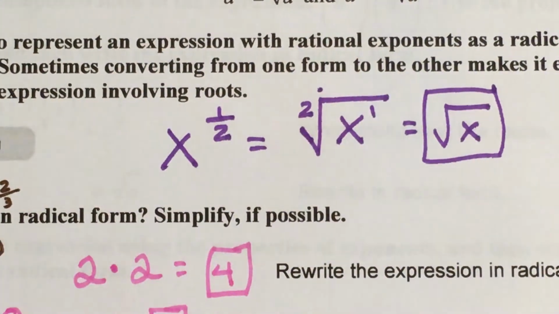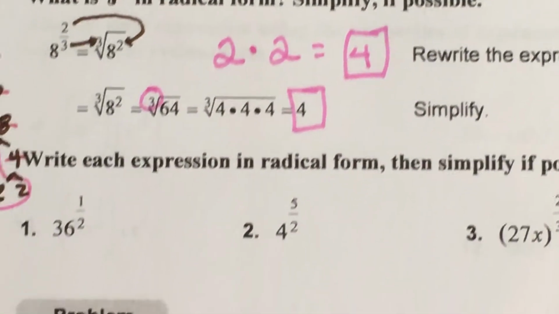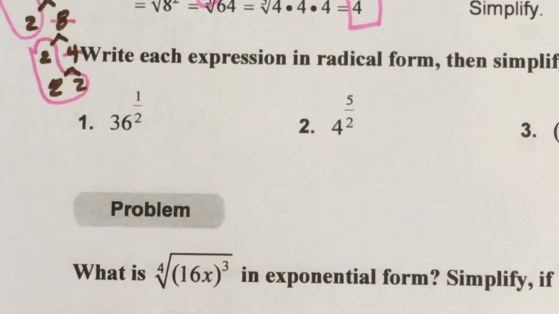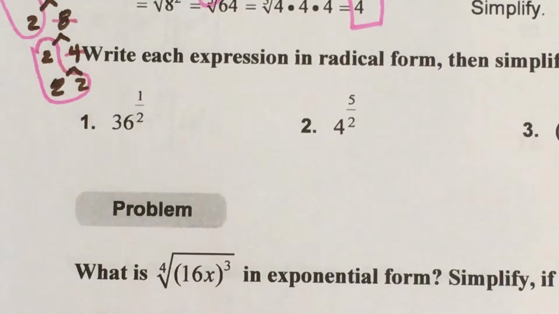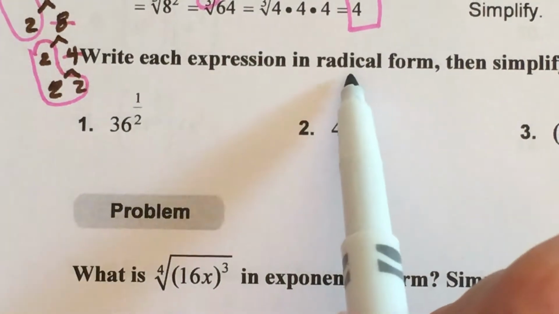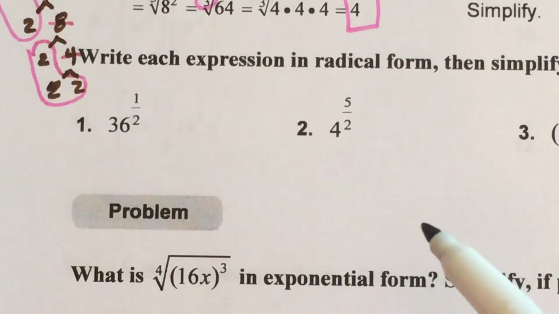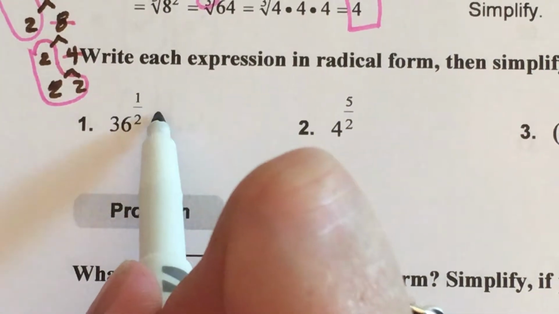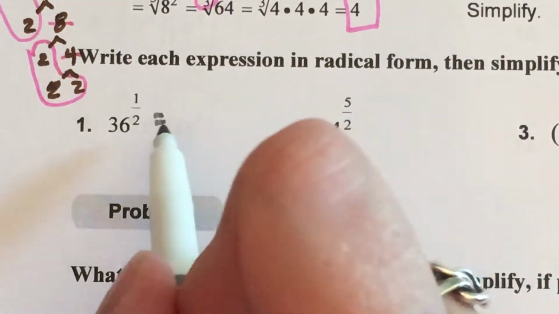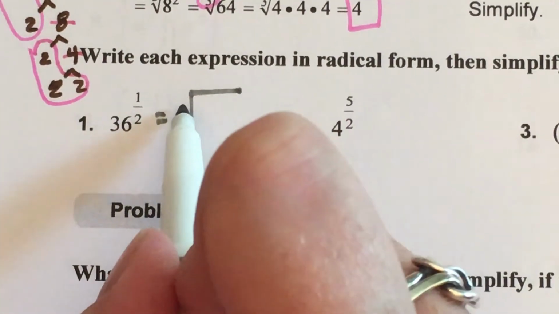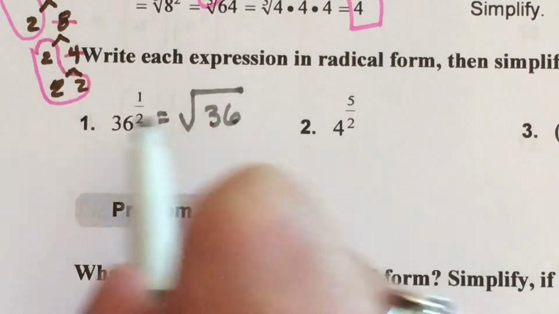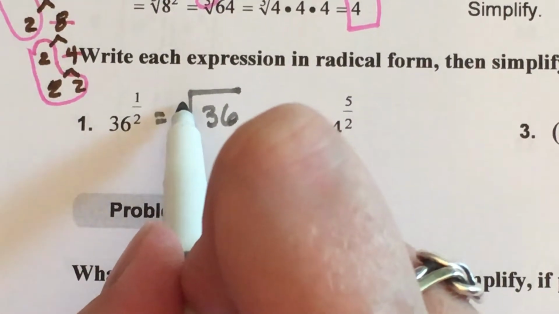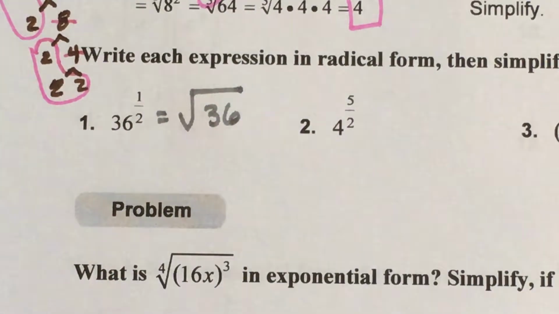Let's go down and look at problem number 1. So let's rewrite each expression into the radical form and then simplify it if possible. 36 to the 1/2. So which one of these numbers, the 1 or the 2, will go right here in this tiny corner of the radical?